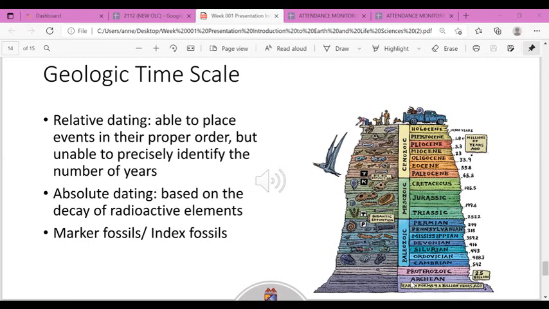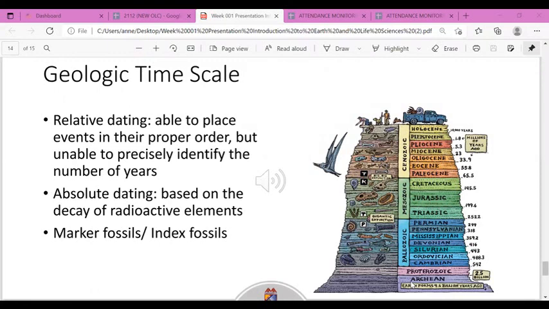Next one naman is the Mesozoic. The Mesozoic called the age of reptiles. Okay, take note of that. The age of the reptiles and the age of conifers is the second to last era of Earth's geological history. Okay, and then the last one is the Cenozoic era.